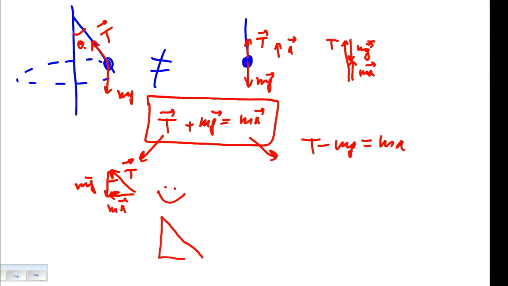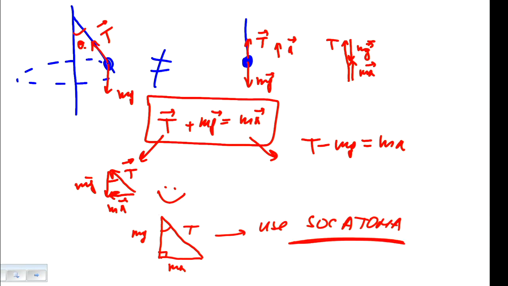In this right triangle, the hypotenuse is equal to the magnitude of tension. The vertical side is equal to the magnitude of the force of gravity, and the horizontal side is equal to the magnitude of this product, ma. And that's all I want to say about it.